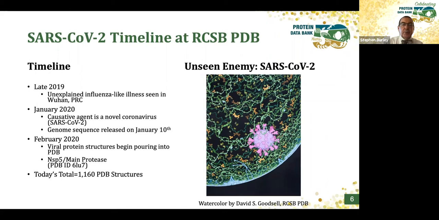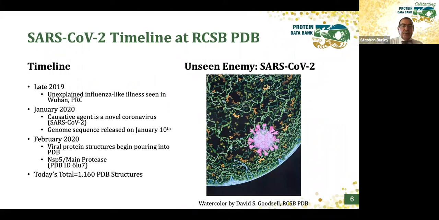The full genome sequence of the virus was released on the 10th of January, which provided information about all the proteins that make up the virus and the proteins that are used during viral infection. In February of 2020, structures of viral proteins literally began pouring into the PDB.